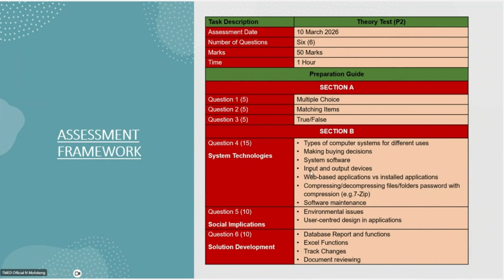Then we also have our web-based applications versus the installed applications. This is where you should be able to know the difference, the advantages, the disadvantages, and the examples. When you're talking about the web-based applications, what are the examples? When you're talking about the installed applications, what are the actual examples of those applications?